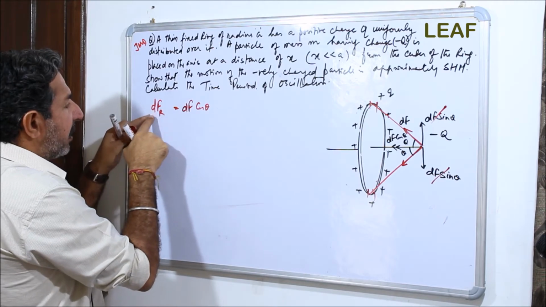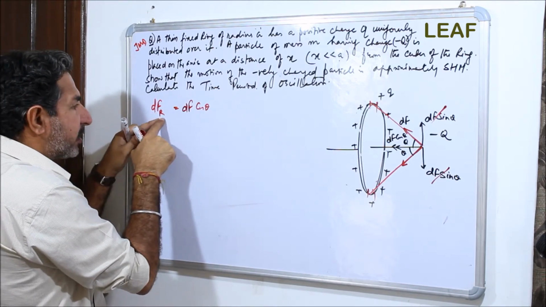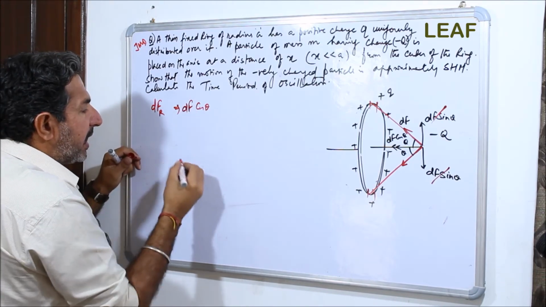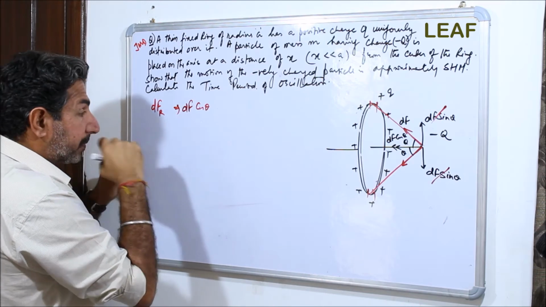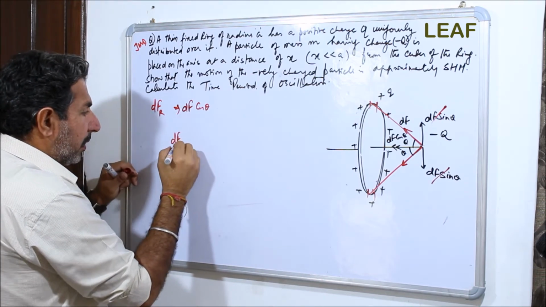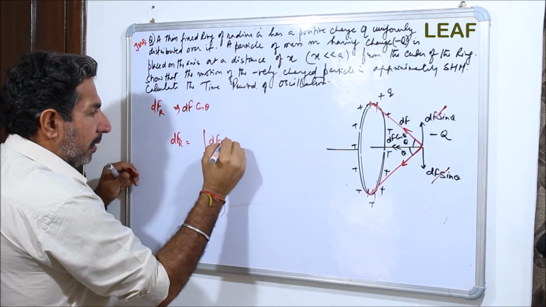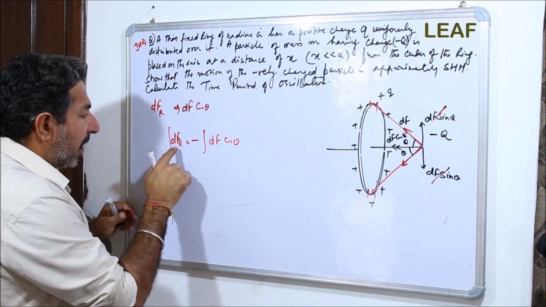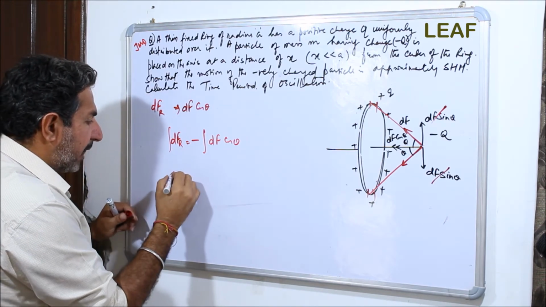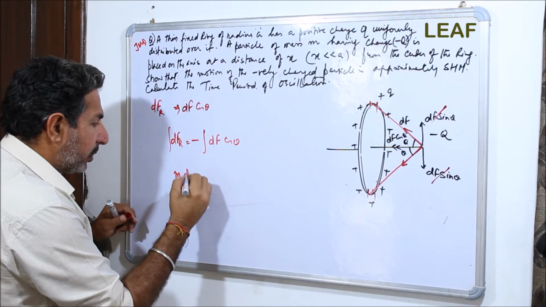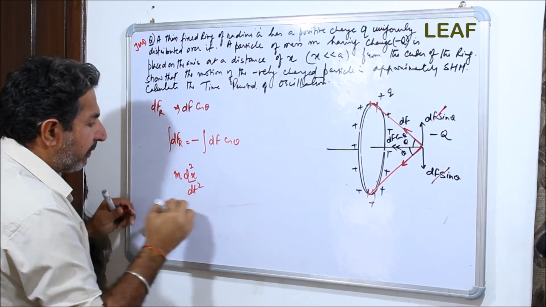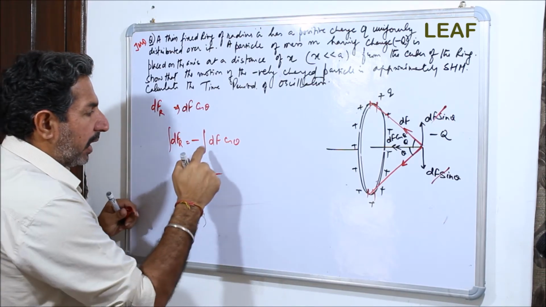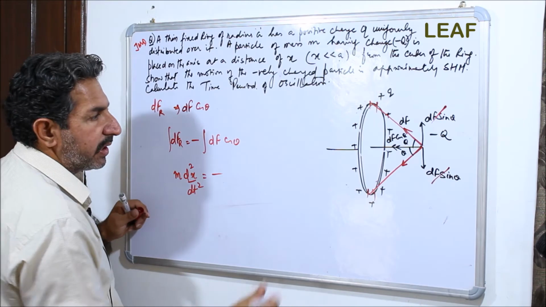Since I have written this in the form of dF, the restoring force is the integral of dF cos theta, and the negative sign, as you very well know, we use for the restoring force. This total restoring force will then become m d2x by dt2, which is mass into acceleration, and it is minus integral dF cos theta.